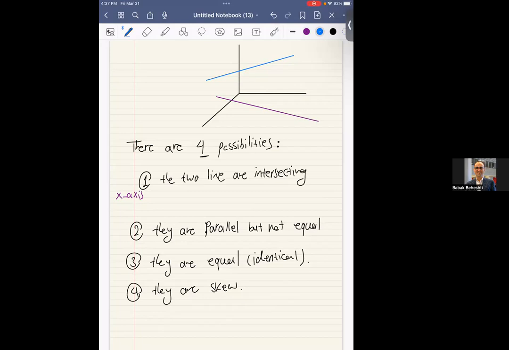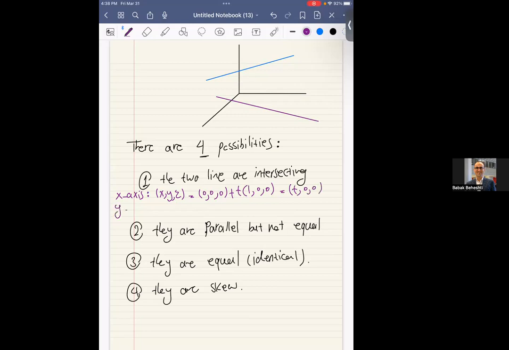So the equation of x-axis is basically (x, y, z) equals (0, 0, 0) plus t times (1, 0, 0). This is the equation of the x-axis, which is basically equal to (t, 0, 0).